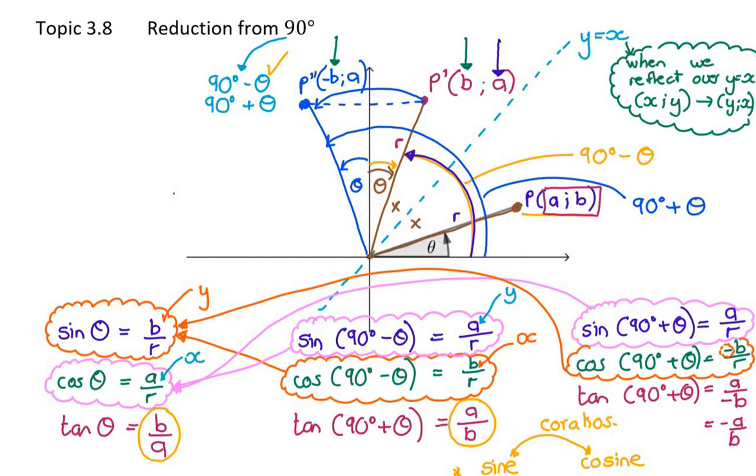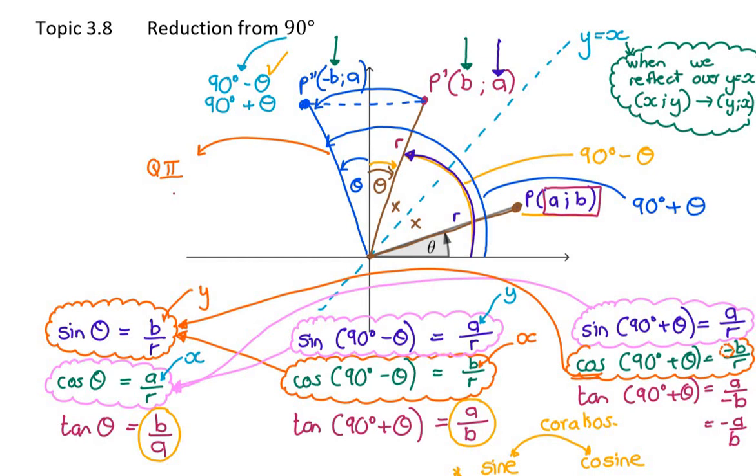Why isn't it the same thing as just sine theta? Well, you're working with cos, and this angle is in quadrant 2. And we know that in quadrant 2, only sine is positive. So notice that sine of 90 plus theta was exactly the same as cos theta. It was a over r. There were no sign issues, as in positive and negative issues.